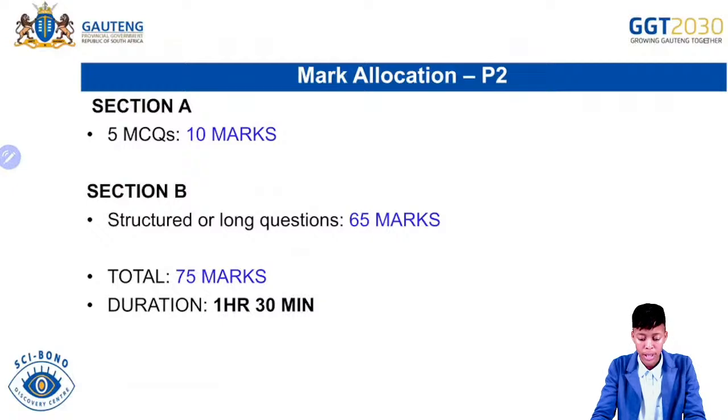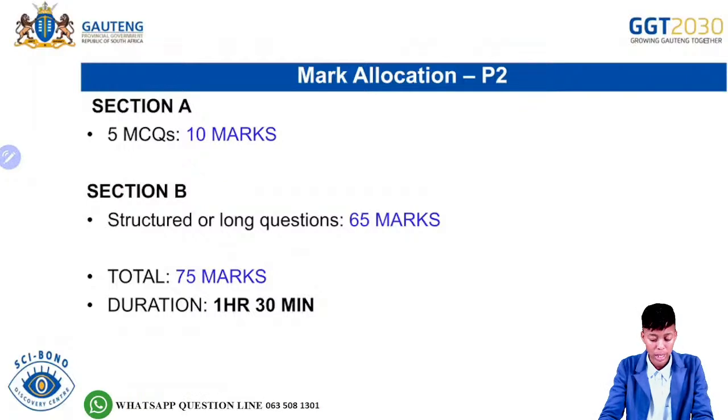Okay, so the mark allocation for paper 2 is distributed in this way. We have section A, which has 5 multiple choice questions and has a total of 10 marks. Then we have section B, which consists of structured or long questions and has a total of 65 marks.